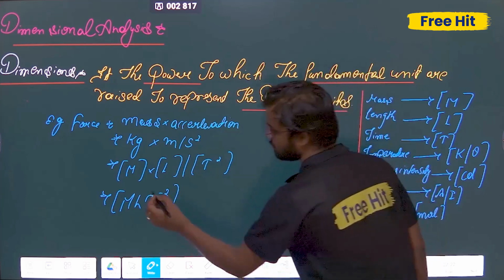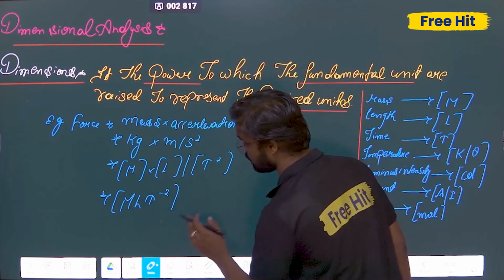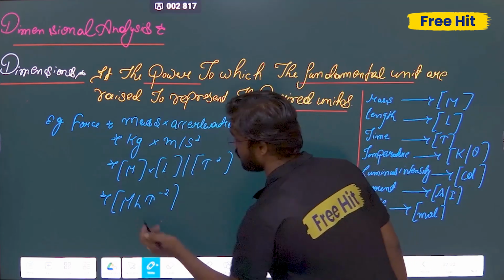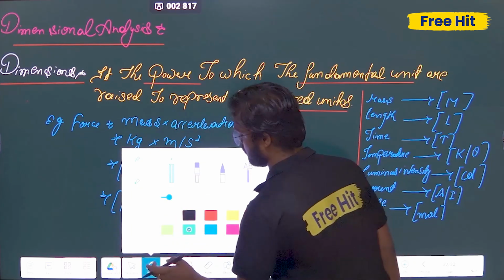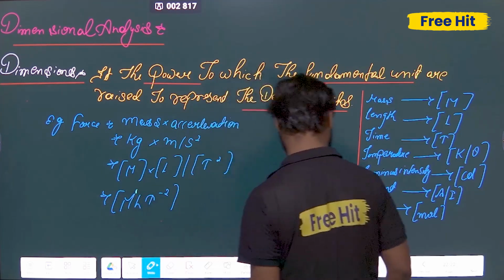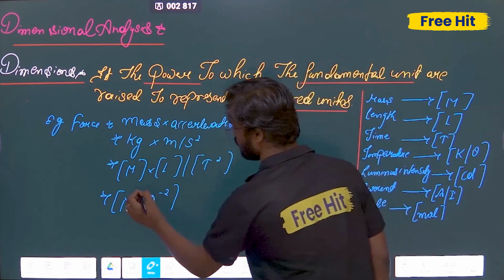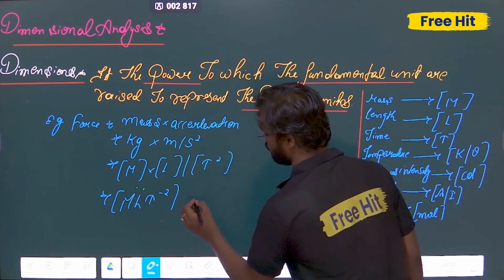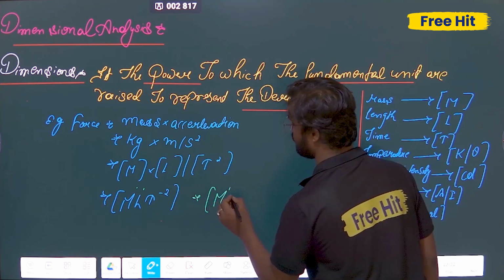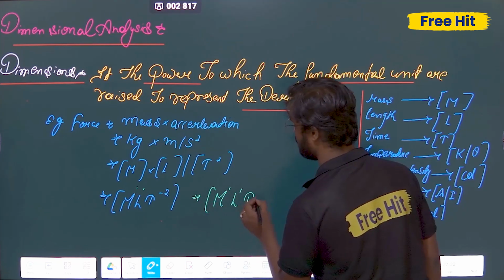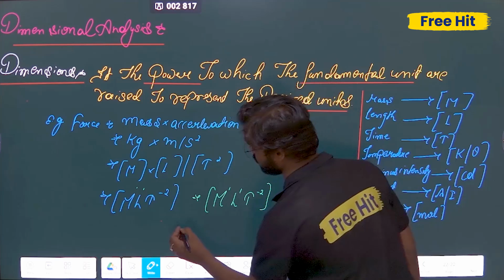So what are the powers? If you see, here the power is 1, here the power is 1, here the power is 1. So what we have got finally is M to the power 1, L to the power 1 and T to the power minus 2. So what are the dimensions?